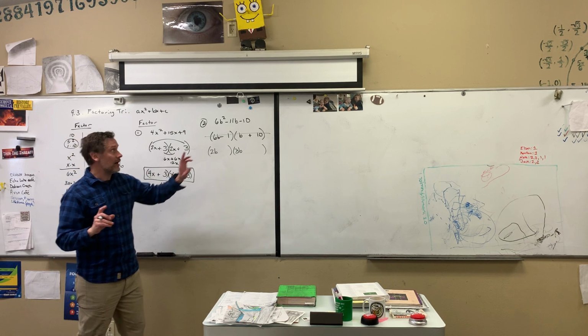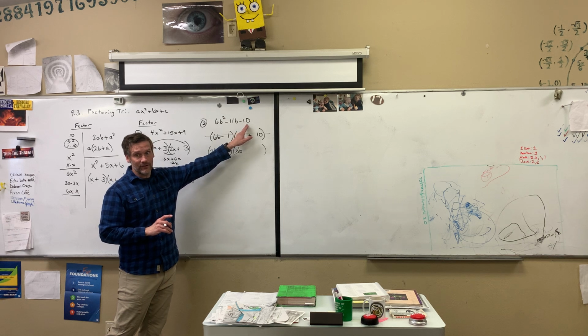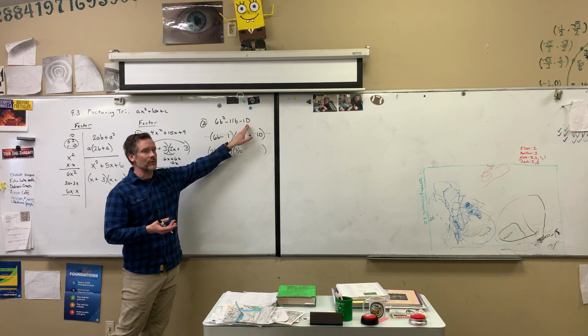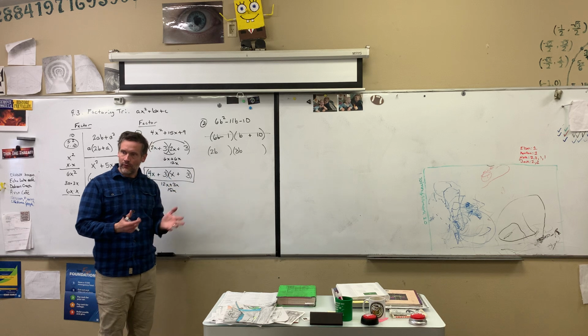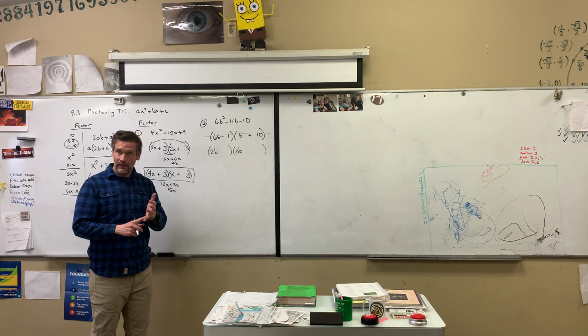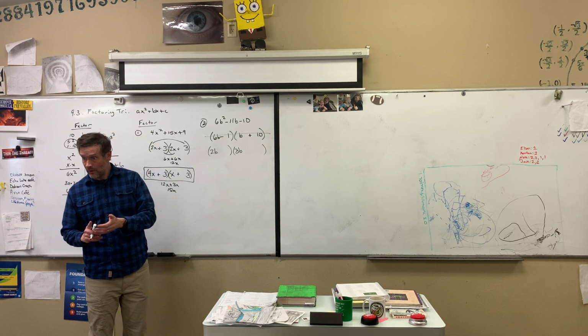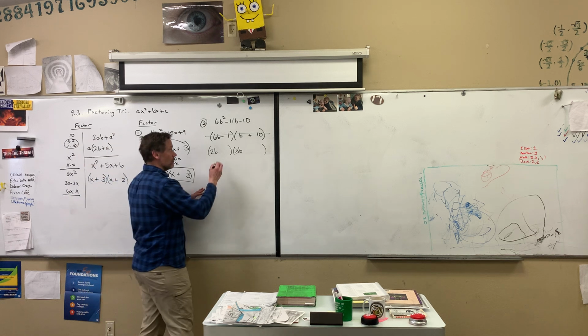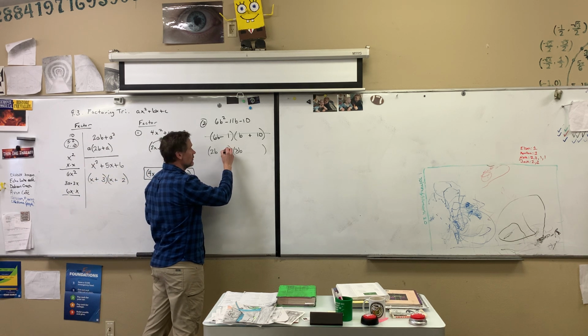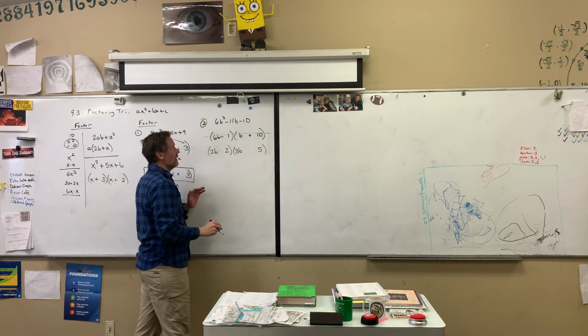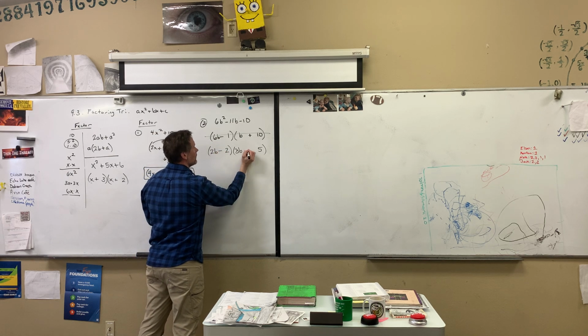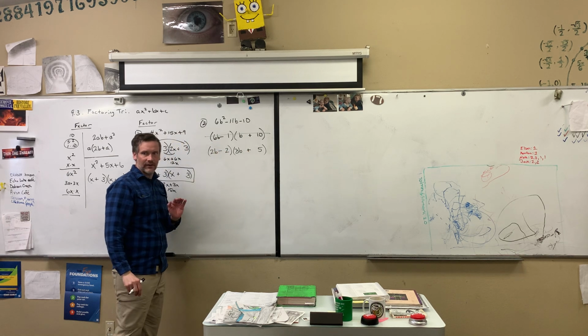The 2 numbers got to be connected to the 10, meaning don't put 7 and 3. Well, 7 plus 3 gives you 10, but we're talking what times what gives you 10. So you only have a couple options, 2 and 5 or 1 and 10. So what do you want to try? 2 and 5, great. And I already stated, don't worry about the plus minus. We can get there later.